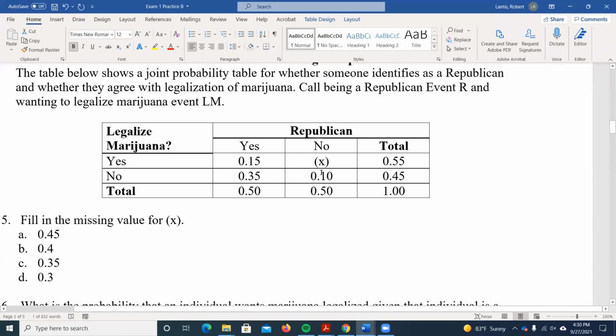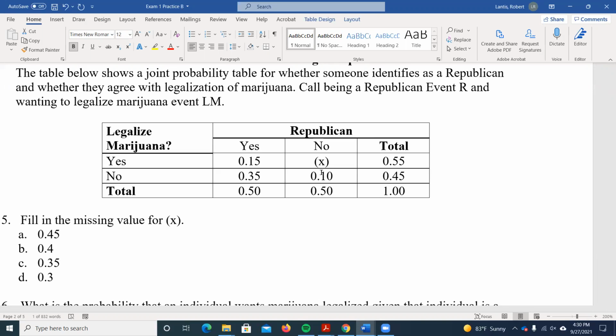So what's the probability that somebody wants marijuana legalized and they're Republican? That probability, the intersection of those two events, is 0.15. Remember, we said those top four left cells all represent intersections of whatever that row and column heading are.